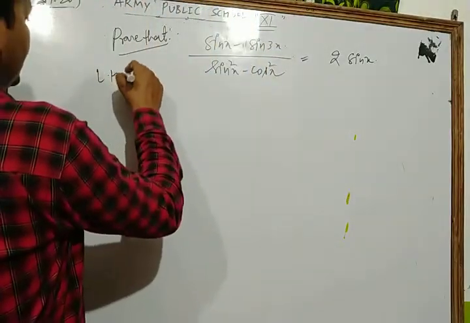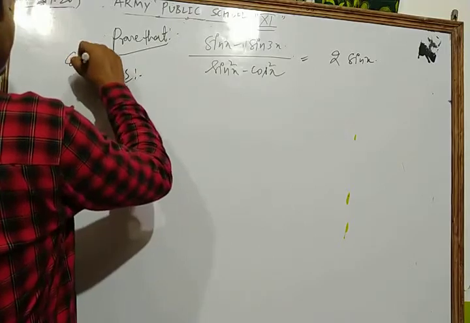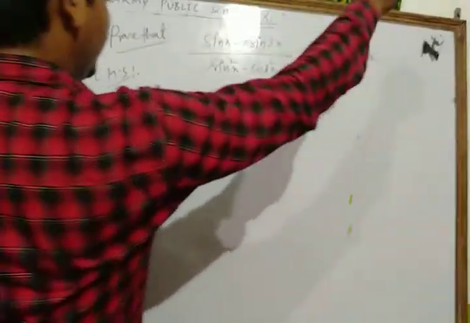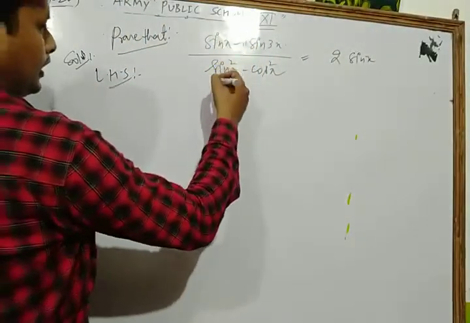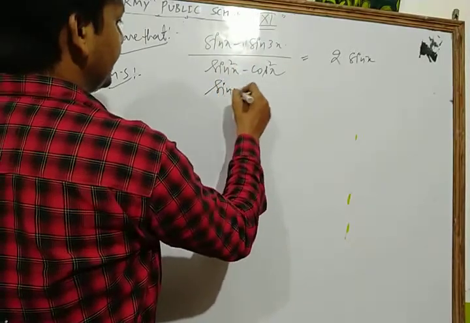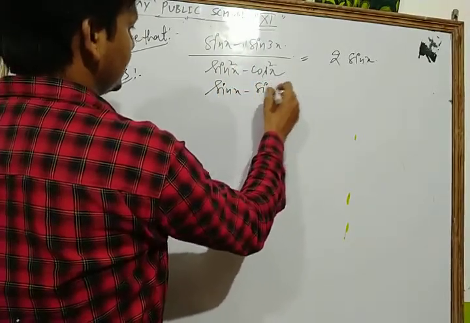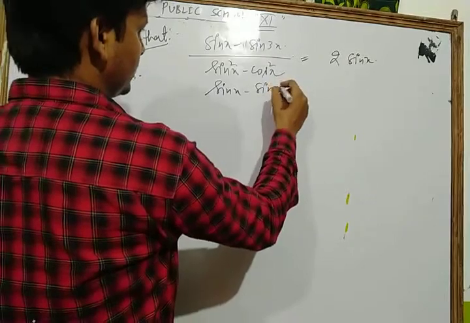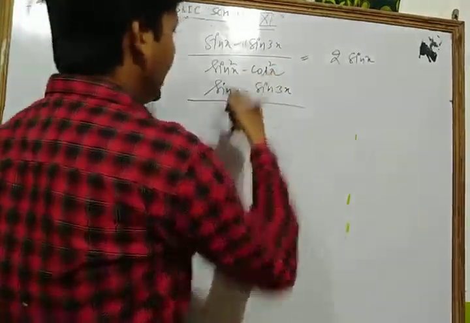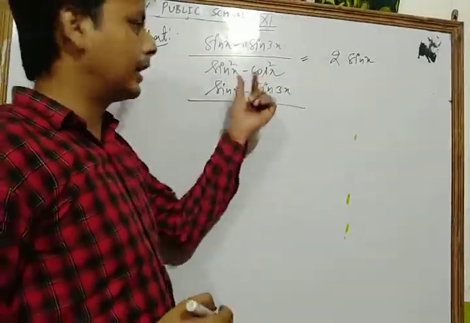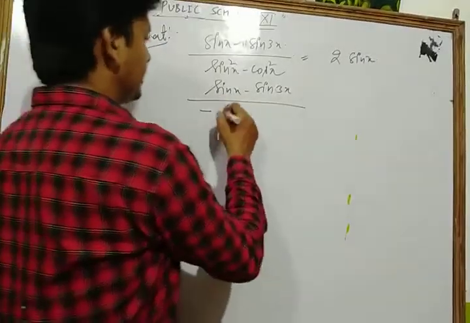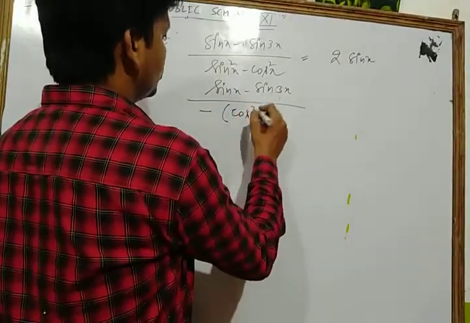First of all, we take the left hand side as sin x minus sin 3x, and in the denominator we take minus as common.